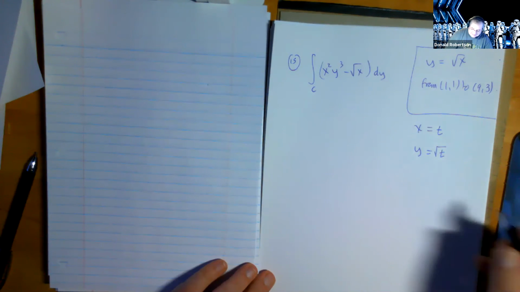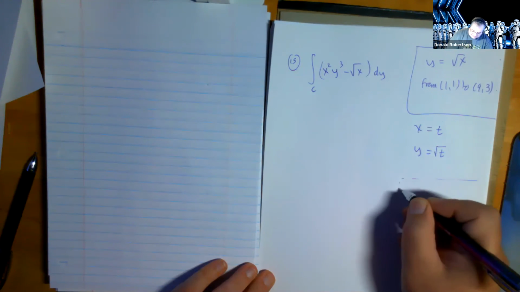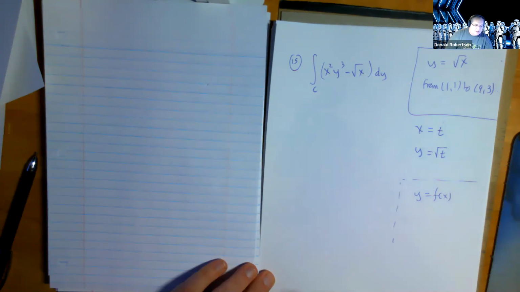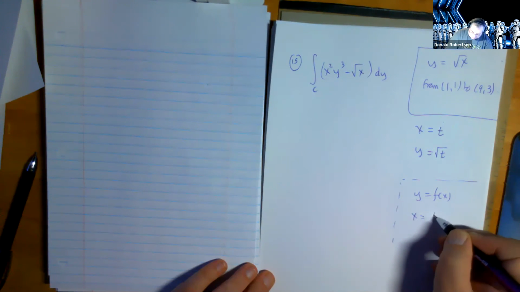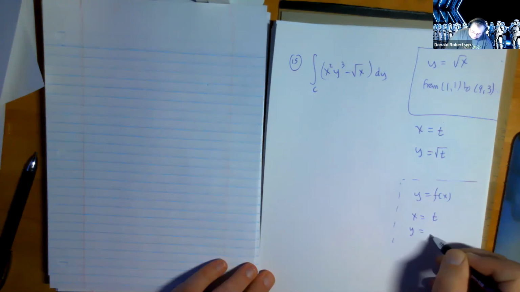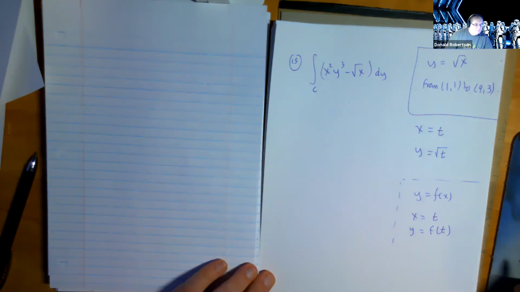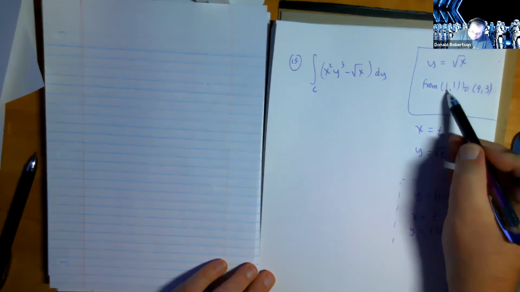In general, if you get a function that is y equals f of x, like y equals x squared, y equals the square root of x, y equals whatever you like, in that world, that'll do the trick.